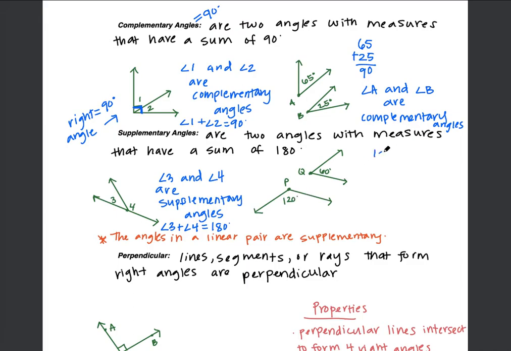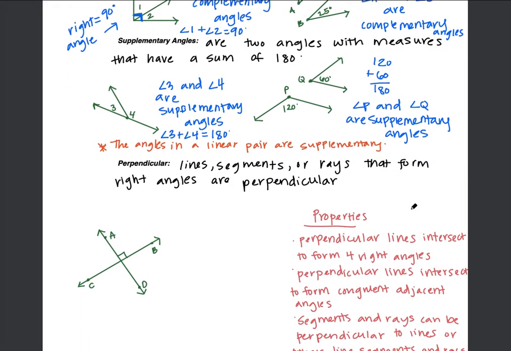So if I add those two numbers, so I have 120 plus 60, that's 180. So these two angles add up together equal 180. So I can say angle P and angle Q are supplementary angles. Okay, they add up to equal 180 degrees.